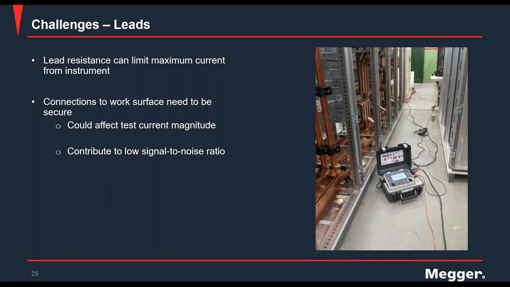Next is connections to work surfaces need to be secure. So if you're measuring, say, a bus bar, if the connections are not secure, the resistance that the test instrument will see is going to be high, such that it may not be able to push all the current that's designated to be tested. And this will contribute to a low signal to noise ratio as well.